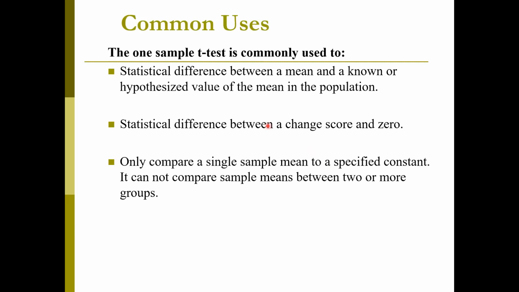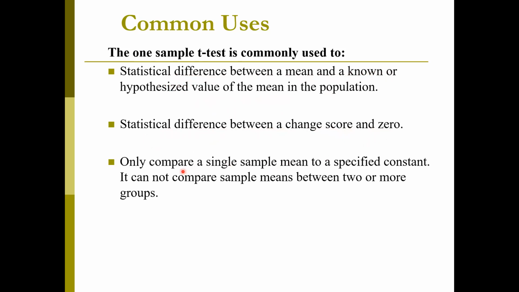Again, what are the common uses? One sample t-test is used to test the statistical difference between the mean and a known or a hypothesized value of the mean of the population. It is also used to test the statistical difference between a change score and 0.